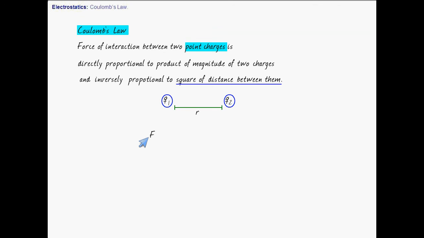Now we can define relative permittivity. Before we define it, let's say the charges are placed in vacuum.